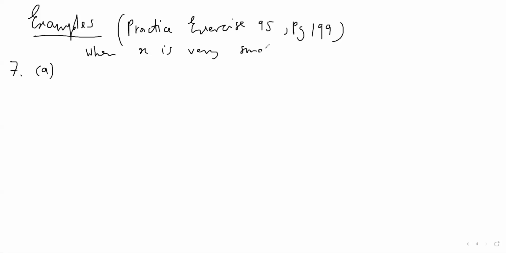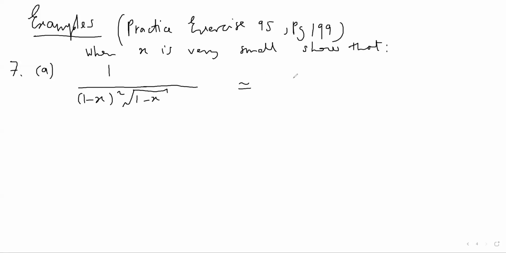They say, when x is very small, show that 1 over (1 minus x) to the power 2, multiplied by the square root of 1 minus x, is approximately 1 plus 5 over 2 x.